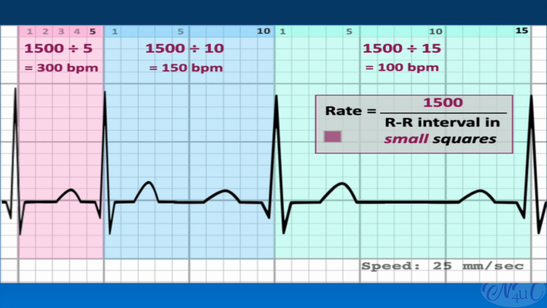If, for example, there are 10 small boxes between two R waves, the heart rate is 1500 divided by 10, that is 150 beats per minute. If there are 25 small boxes, the heart rate is 1500 divided by 25, that is 60 beats per minute.